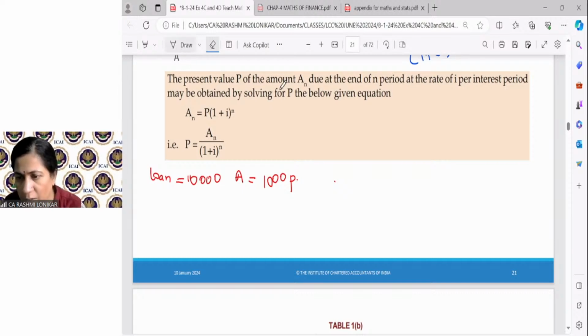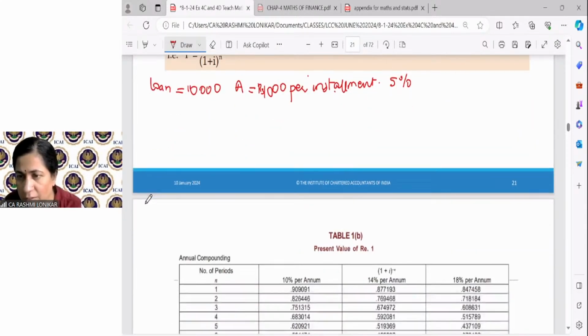This is rupees 1,000 per installment. And what is the rate of interest? 5%. Now, if I write it down like this, this is just an example I'm trying. Don't see the above formula.